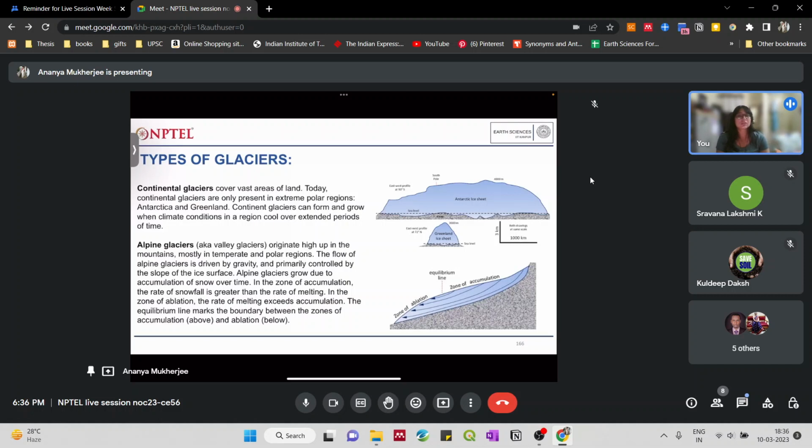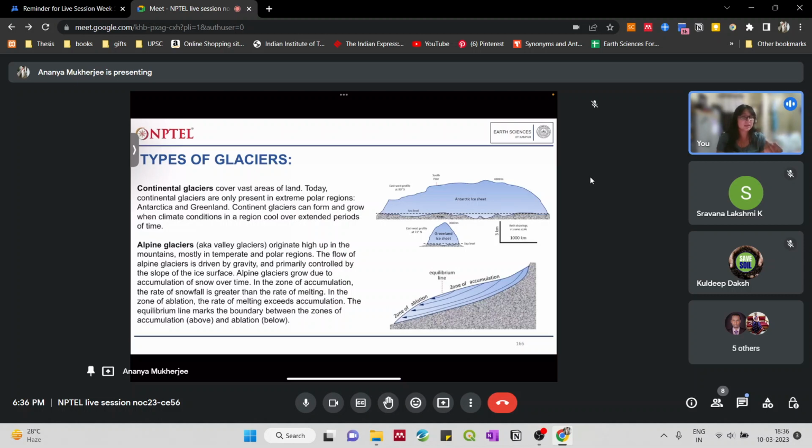Alpine glaciers are also called valley glaciers. These usually form on very high mountains, and occur in both temperate and polar regions. The flow associated with alpine glaciers is usually due to gravity.